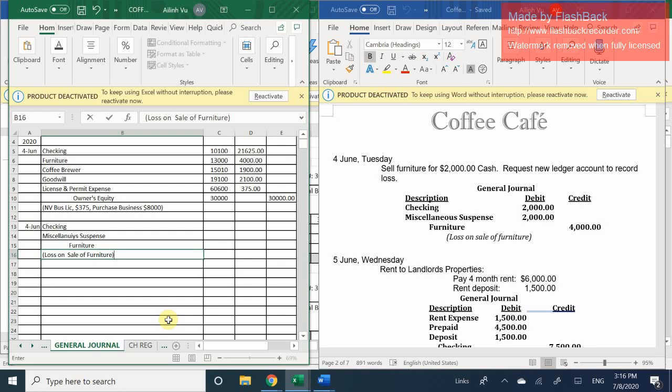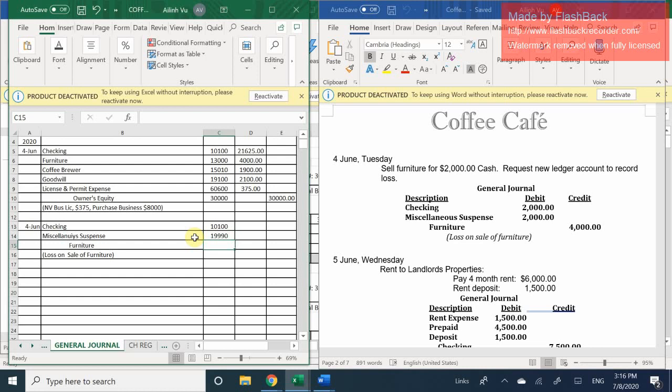Here I'm gonna go ahead and look up my accounts for these things. So go ahead and go to your chart of accounts. Okay. Checking is 10-100. Miscellaneous suspense.